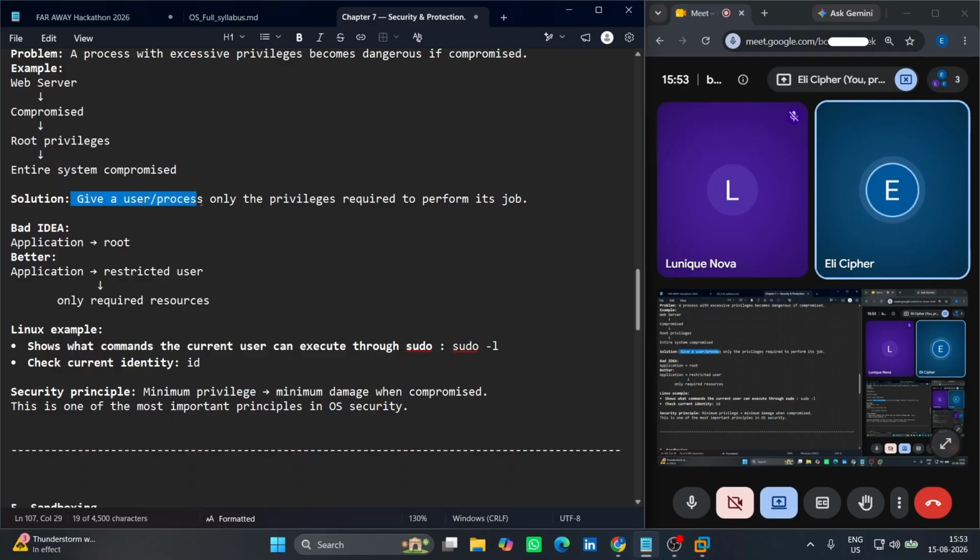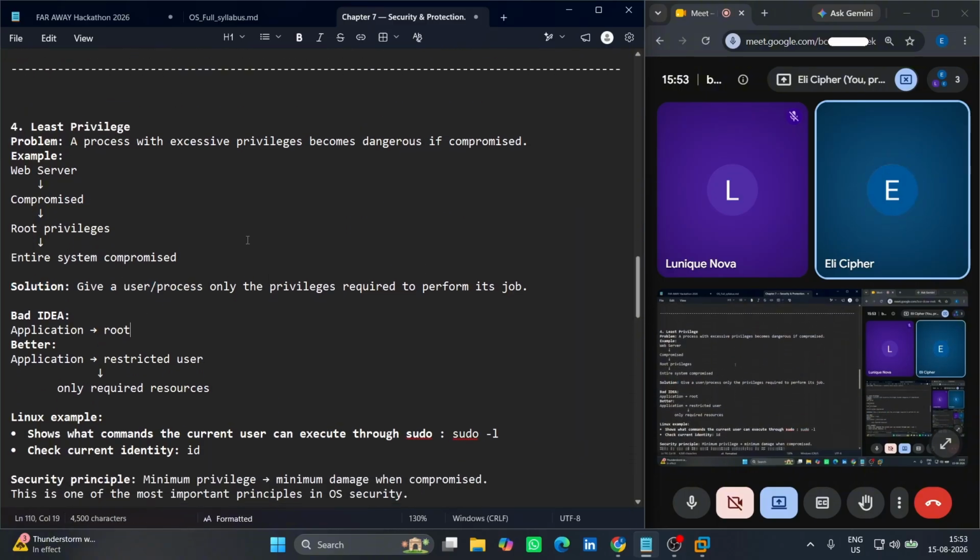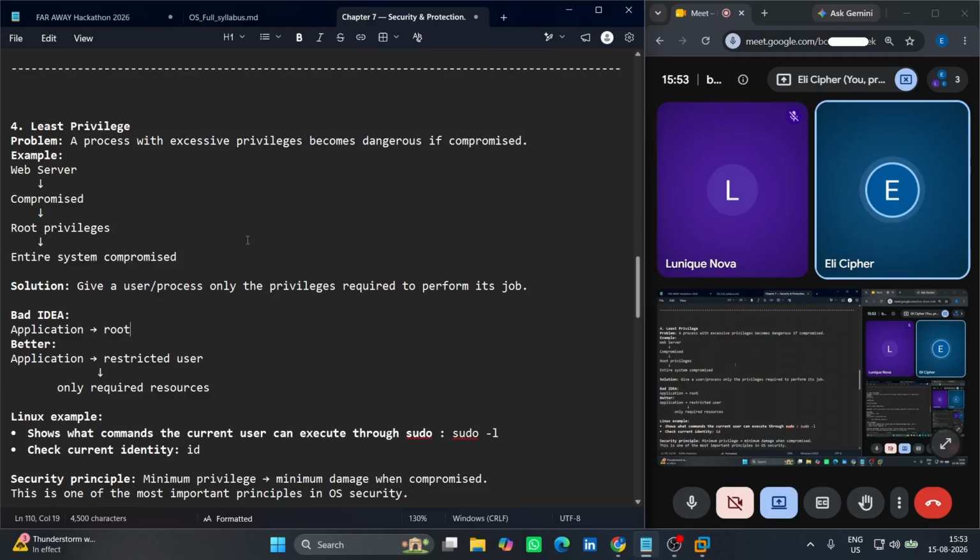Give a user or process only the privilege required to perform its job. The job means the particular task, right? Least privilege used to save a lot of destruction. It says that we should only give the permissions which are required by the particular process or the particular user. We shouldn't give permissions or privileges which are not going to come into use.